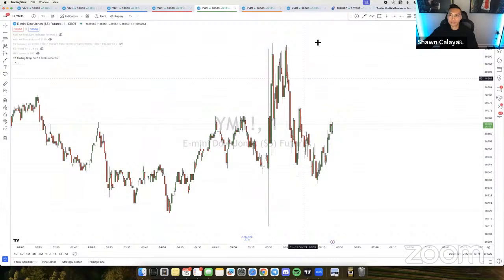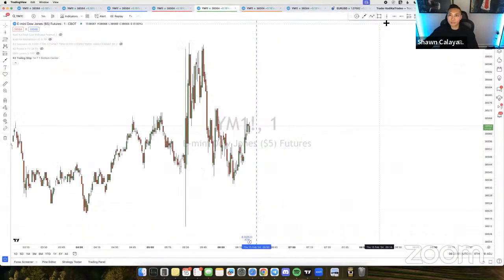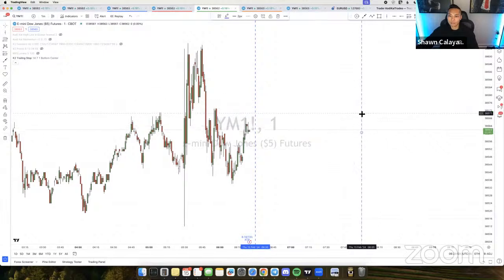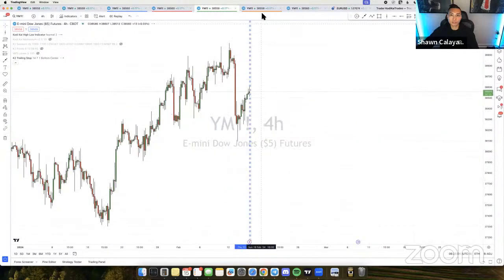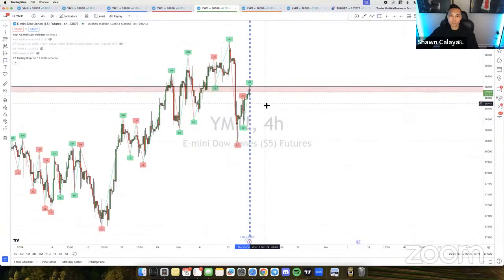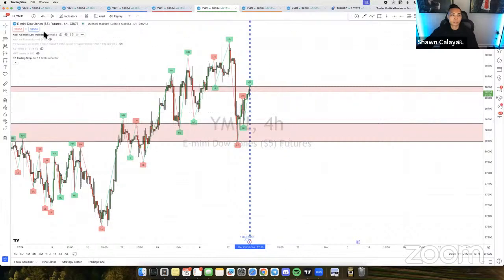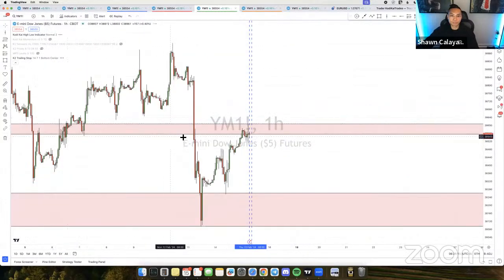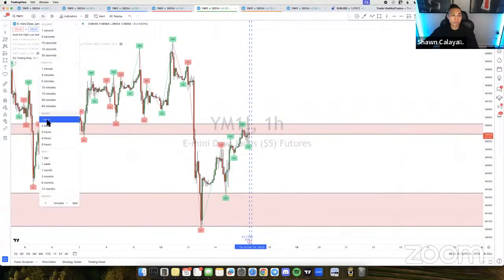Going over here to our clean chart, I'm going to mark up 6:30, 8 o'clock. I'm going to go on the 4-hour time frame and identify structure. So we have structure currently right here where price is currently at. It's establishing a resistance level. Going down to the 1-hour, same thing, down to the 1-minute.